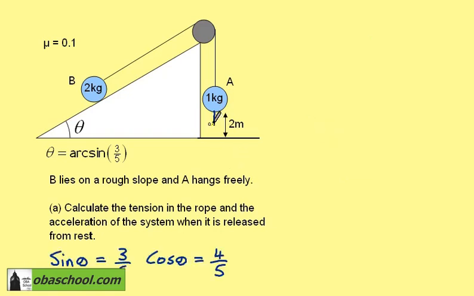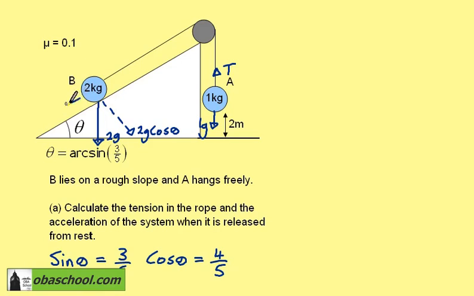Now consider the diagram. At A we have a 1G force acting downwards, its weight, and the tension force pulling upwards. At B, the weight of 2G acts downwards. This can be split into components perpendicular to and parallel to the surface. The perpendicular one, as always, will be the cosine of the angle, so 2G cos theta.